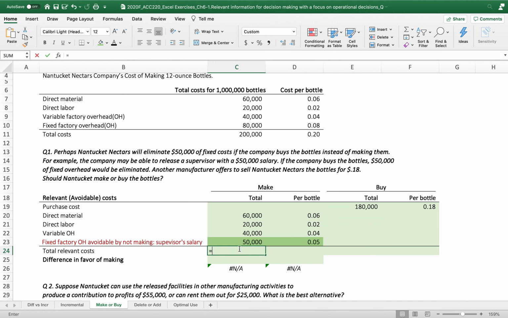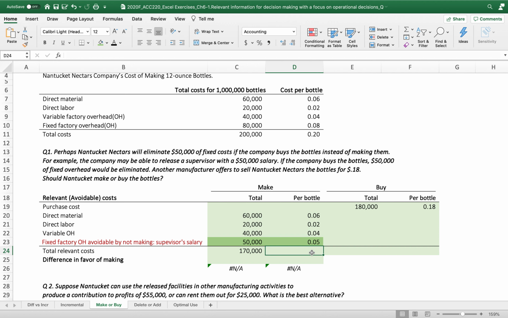So let's just sum up this total of making case, that is the total avoidable cost. If we take this outsourcing of buying is $180,000, then we can reduce $170,000, and then that is avoidable cost.